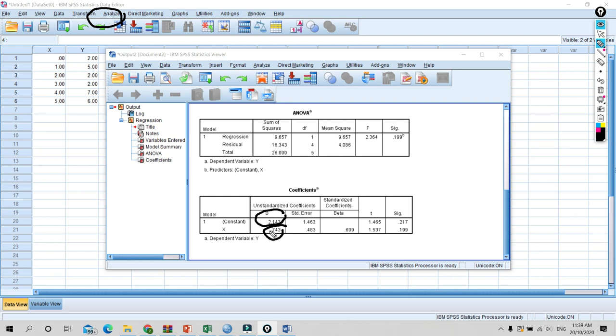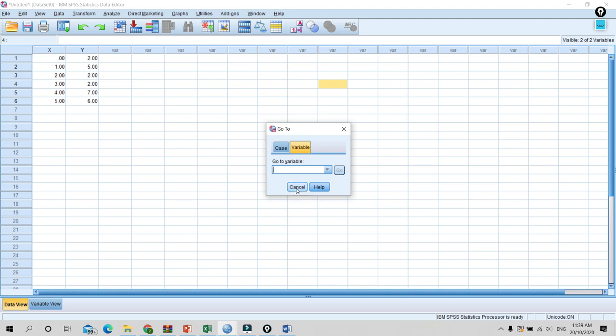If you want to go back to the data, you just click here, or here, or here. Let's say I want to go to the data, just click here. So go back to the data.